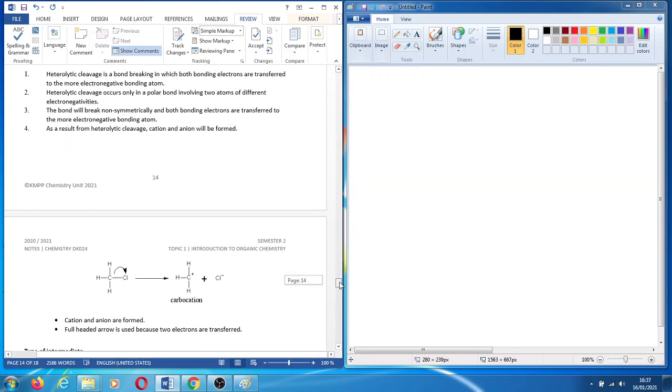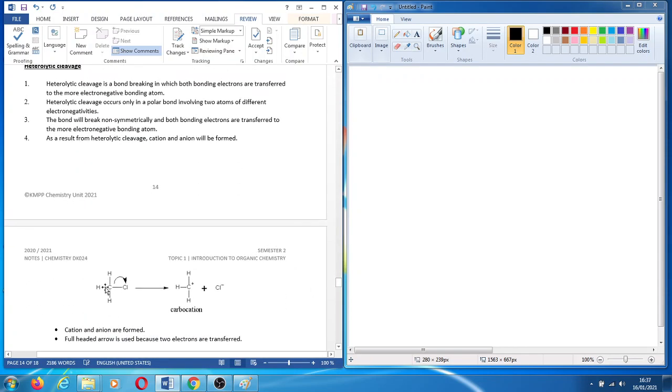Example, we can look at this example. C and Cl will have different electronegativity because they are different elements. Cl is more electronegative, so the electron will be pulled to Cl. The bond between C and Cl will break non-symmetrically.